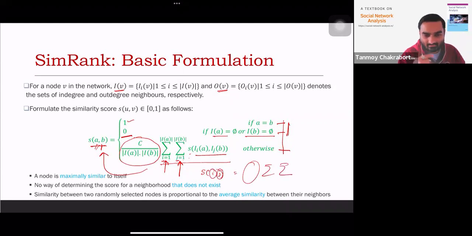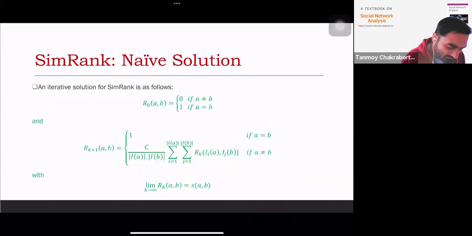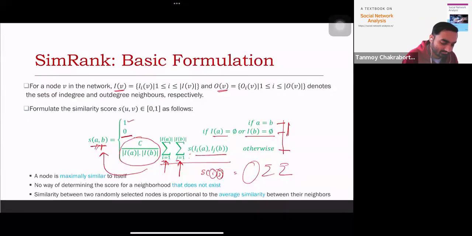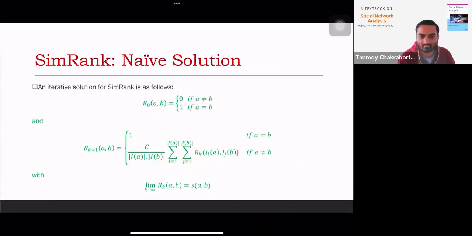So you see there's a recursive formula. Now, this is the extensive way of defining things. Now I'm trying to make it a little simpler.